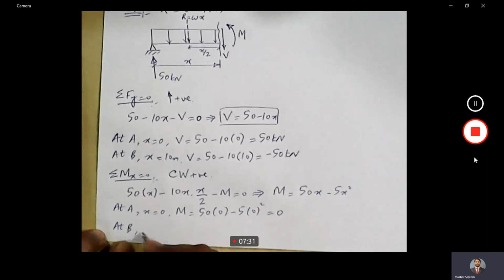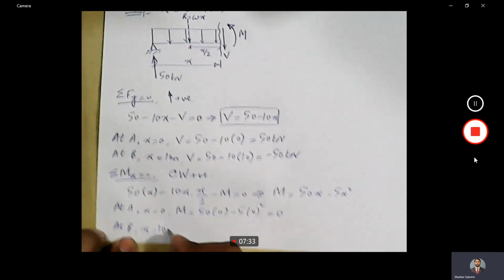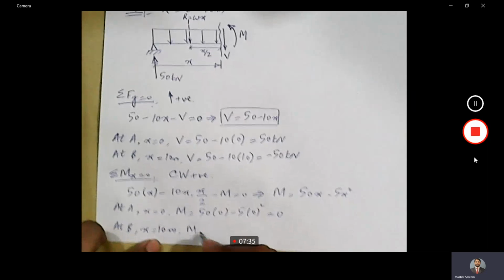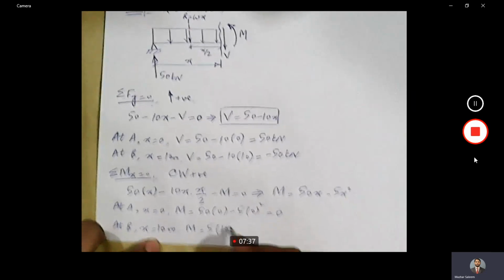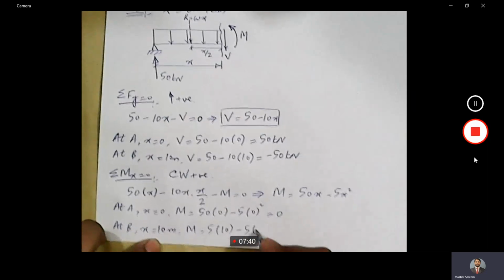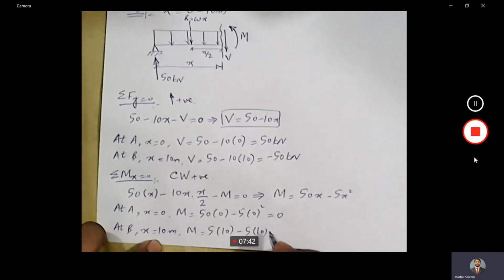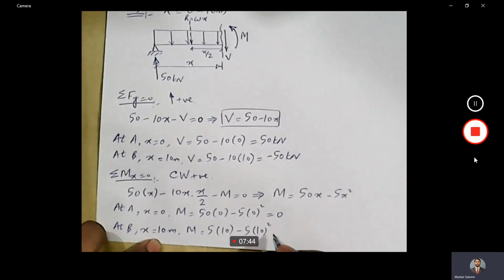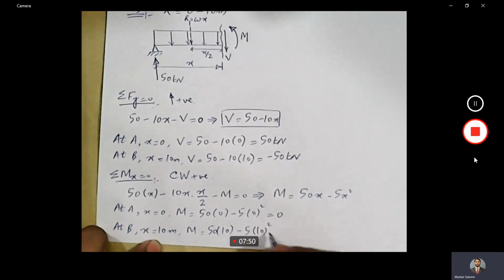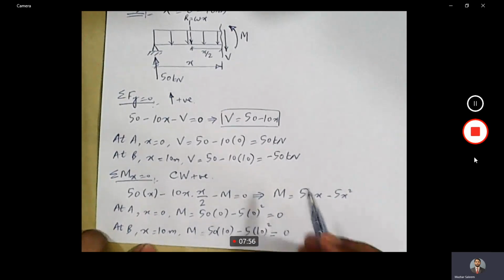At B, x is equal to 10 meters, m is equal to 5 into 10 minus 5 into 10 square. Sorry, this is not 5, this is 50. 50 into 10 minus 5 into 10 square. If we solve this, what do we get? We get 0 again.